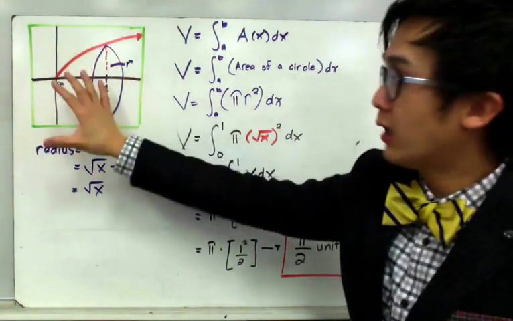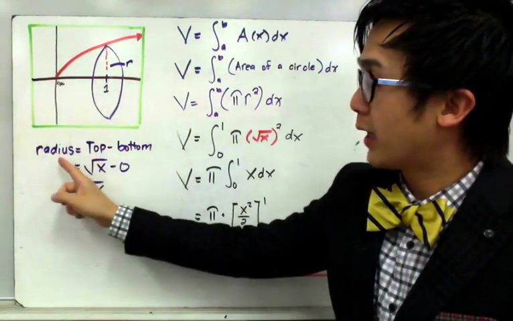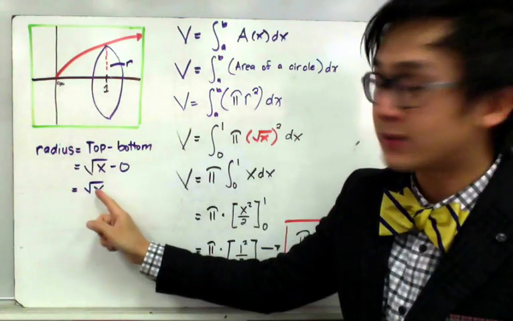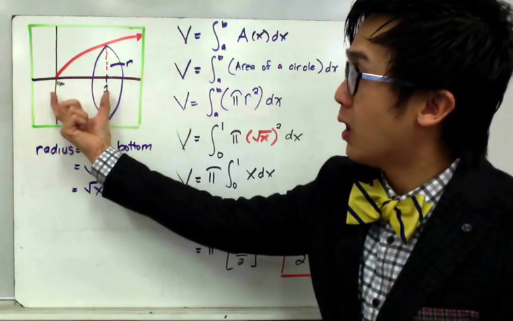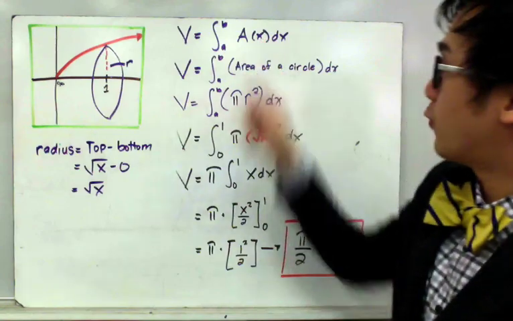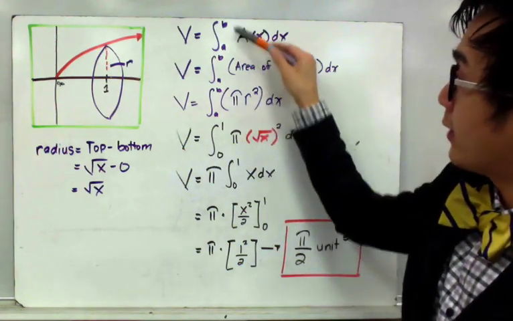So this is our solid figure. We took a slice, and from this slice, we generated the radius of the circle, which is the square root of x. We will use this single slice in approximating the volume of the solid figure using the formula A(x) dx, or the integral of A(x) dx from a through b.